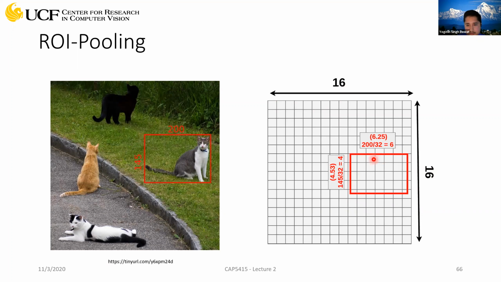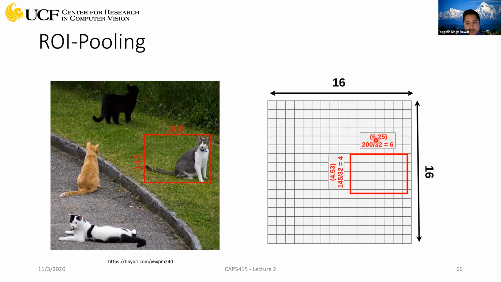All right. And then it will give you the locations of these bounding boxes. So then you will see that you will get some fractions like these odd numbers. So there's 6.25, there's 4.53, the height and the width, right? So you will have to just quantize these values.